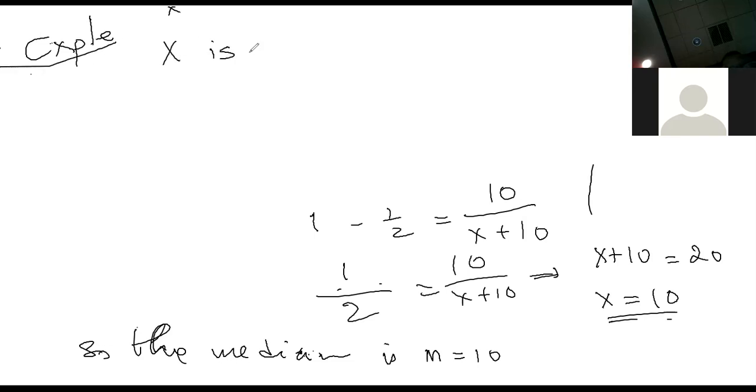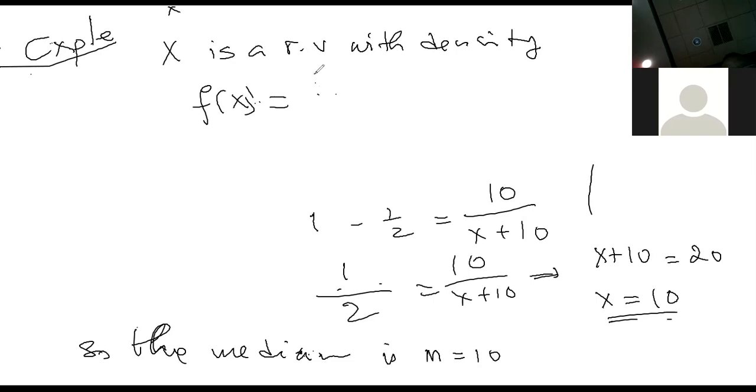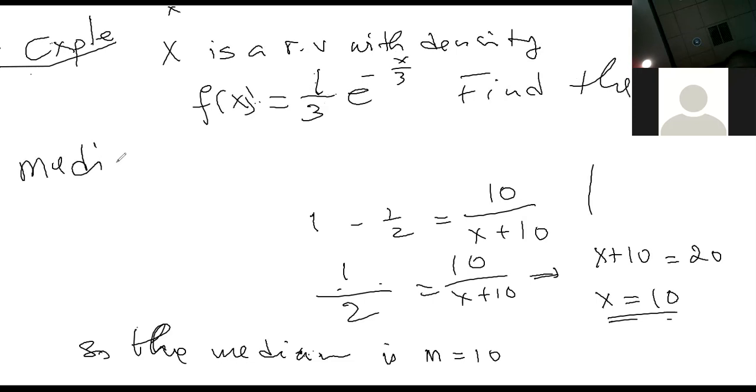X is a random variable with density f of x equals 1/3 e to the minus x/3, one that we have done already. Find the median of x.